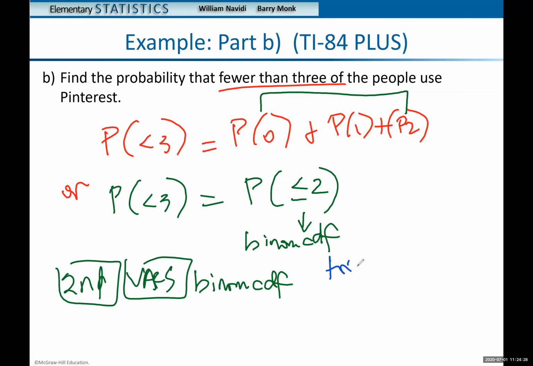So trials is 15, P you have given 0.30, and the X value here is 2. Because now that is your X here, less than or equal to 2, so this is your X. Okay, so 15.